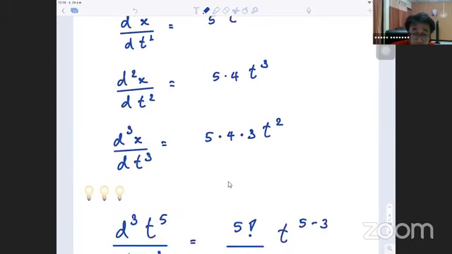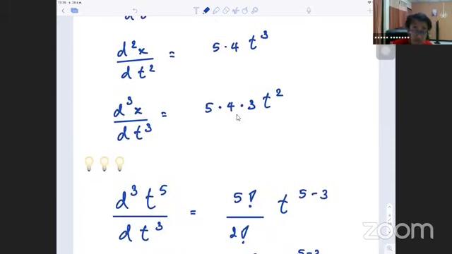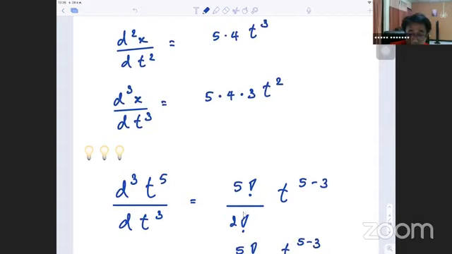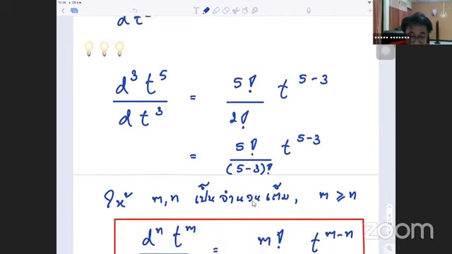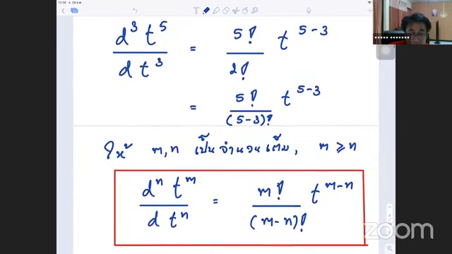Then he got the idea to use the notation of factorial: 5 multiply 4 multiply 3 equals 5 factorial over 2 factorial. And he got the formula for any n-th derivative, where n is an integer.